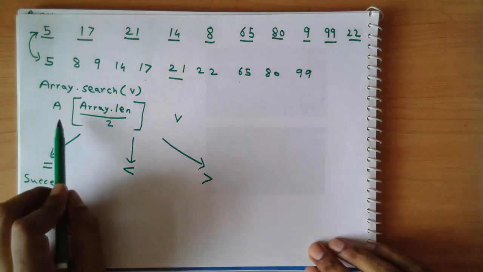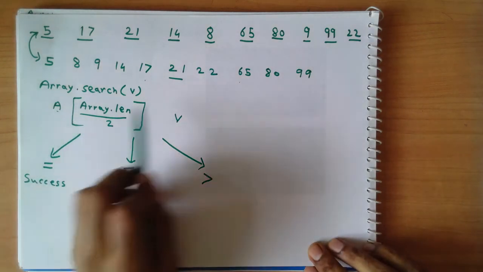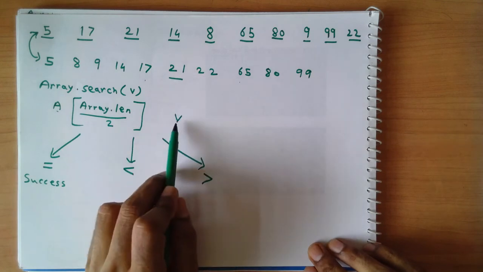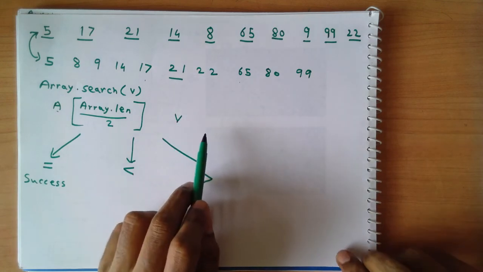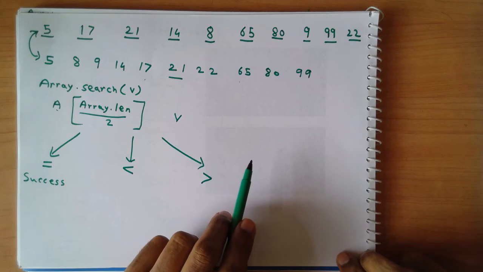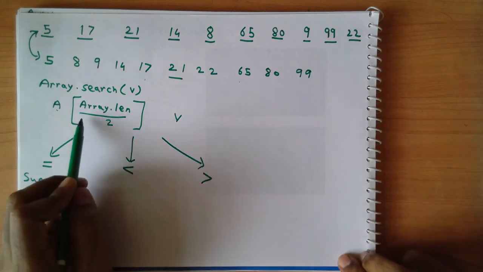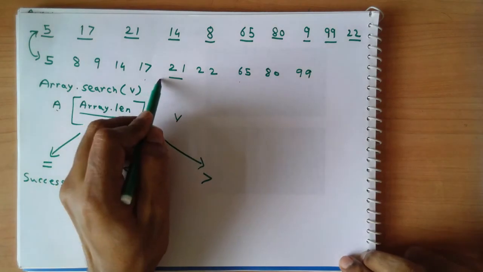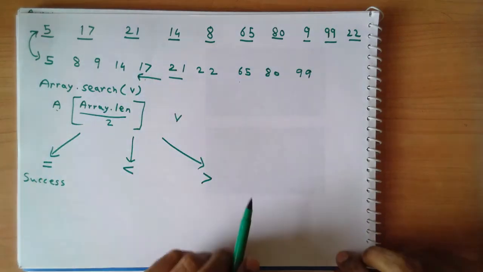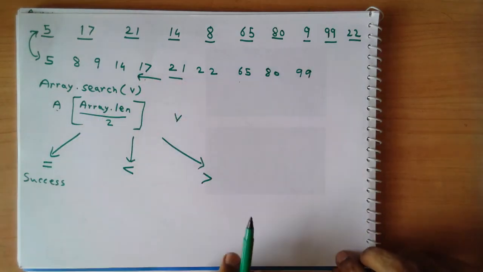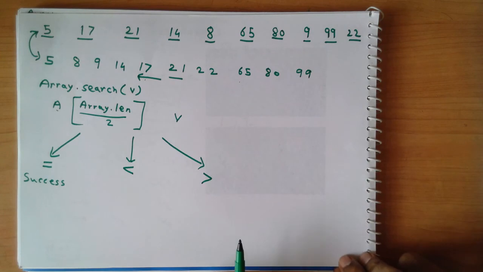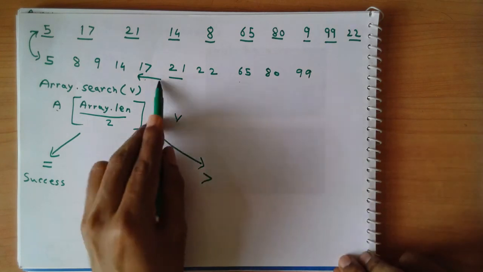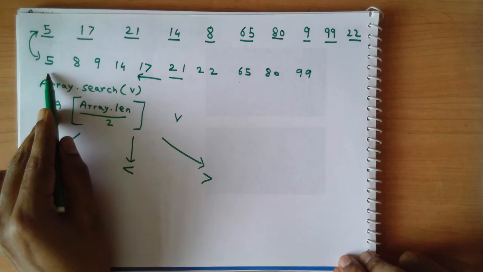So in case the current value in array that I am looking at is less than v, so let's say I am searching for 65. In that case, there is no point in searching to the left of this side, right? Anything to the left of 21 is going to be less than 21, and then searching for v in this part is meaningless.